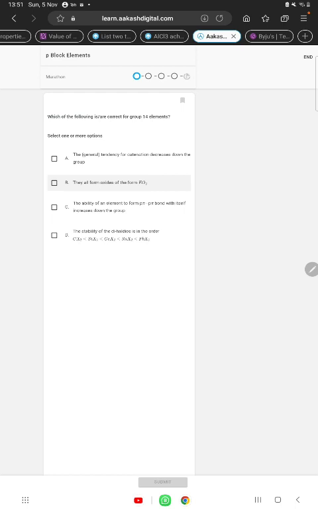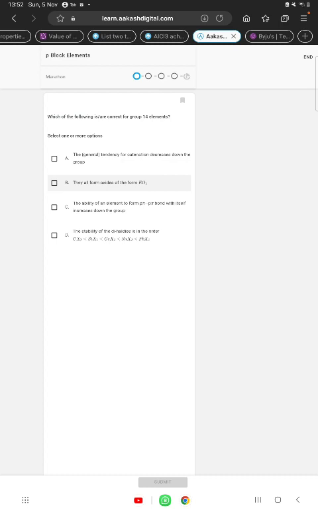Which of the following is correct for group 14 elements?